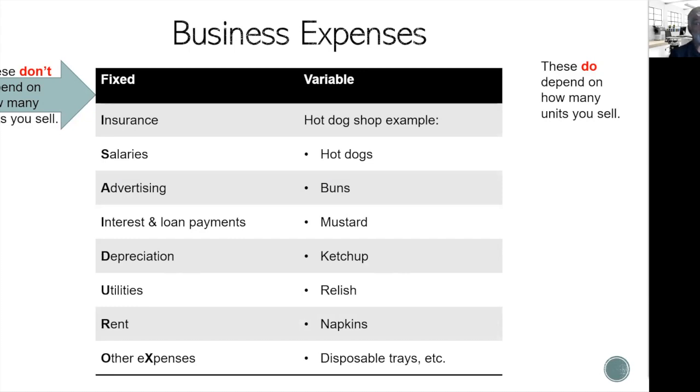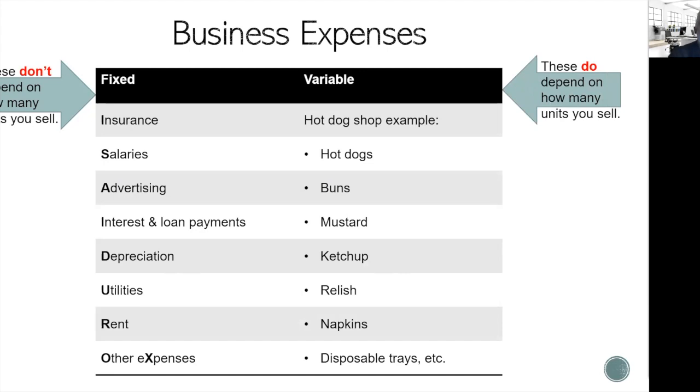If you're paying yourself a salary, you still want to make that money, and it doesn't matter how many hot dogs you sell. You're going to advertise. Guess what? Those advertisers don't care how many hot dogs you sell. They're going to help you sell hot dogs, but it doesn't matter how many you sell. You still got to pay that advertising bill, etc.